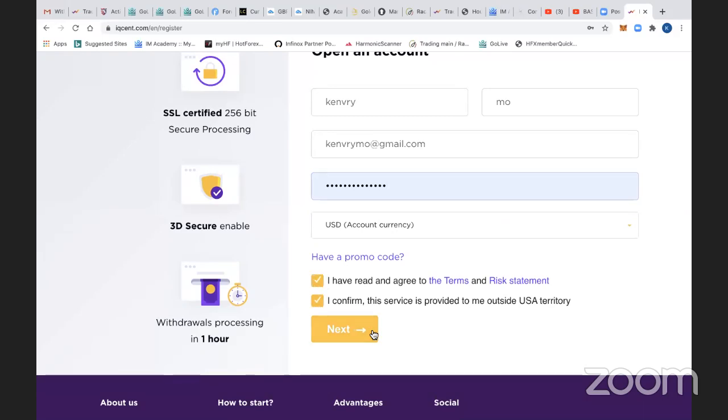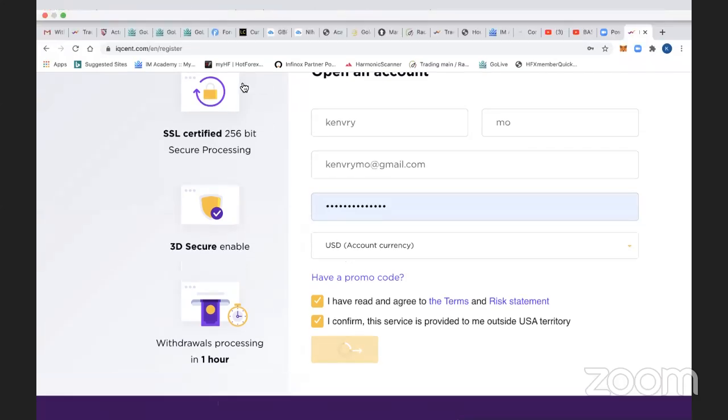Very easy. It's slow, but it will come around. So you already have an account. Still loading, not fully loaded yet.